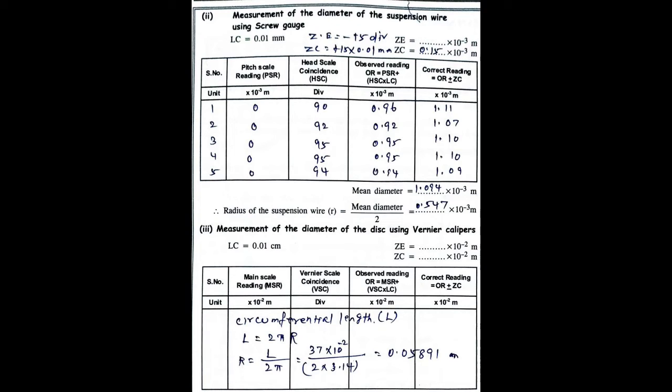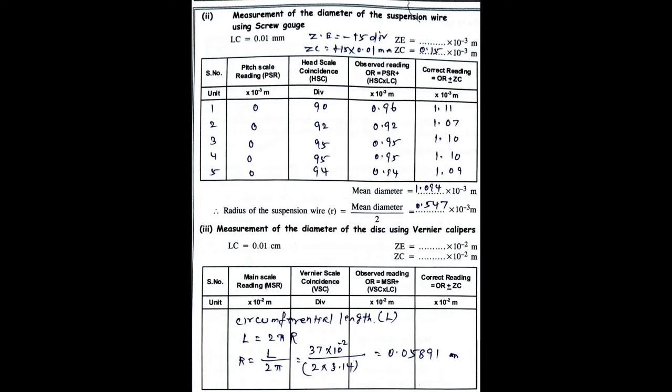The corrected reading is obtained by adding 0.15. Similarly, find for 5 readings. Finally, the diameter of the wire is 1.094 into 10 to the minus 3 meter. Dividing by 2 gives the radius of the wire, 0.547 into 10 to the minus 3 meters.